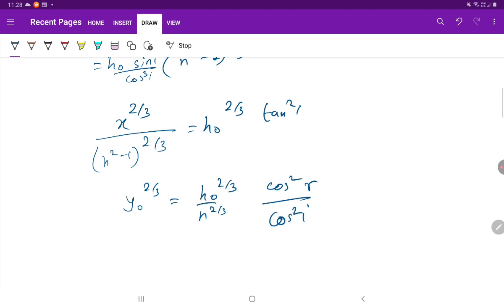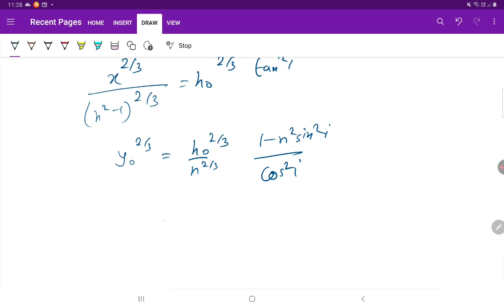Cos square r can be written as 1 minus sin square r. Sin square r can be written as n square sin square I. So evaluating this equation, h naught to the power 2 by 3 upon n to the power 2 by 3 into sec square I, which can be written as 1 plus tan square I. So I can write it finally to be 1 plus tan square I into 1 minus n square.